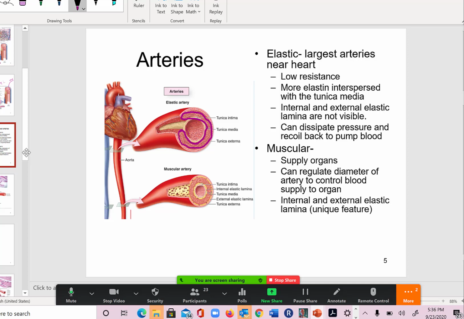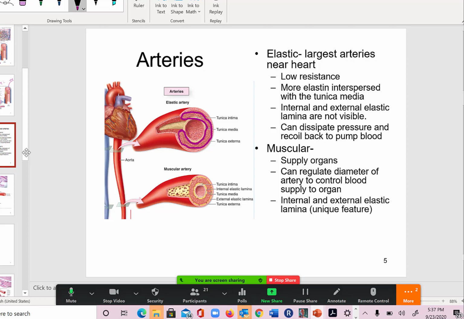These elastic arteries will recoil when the heart starts to rest, when the ventricles rest. As these large arteries recoil, they push on the blood inside. That's your blood pressure. As they push on the blood inside, it moves the blood further down the vasculature to the next group of arteries. That's why we say arteries go away from the heart, they branch, they diverge.